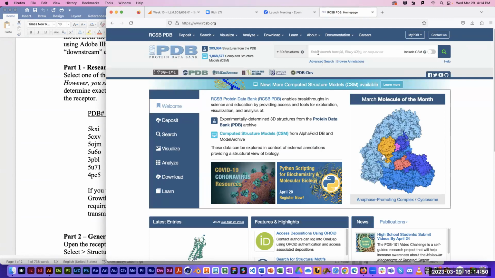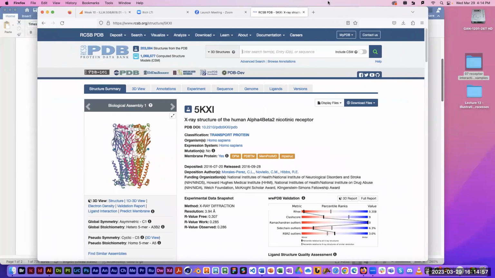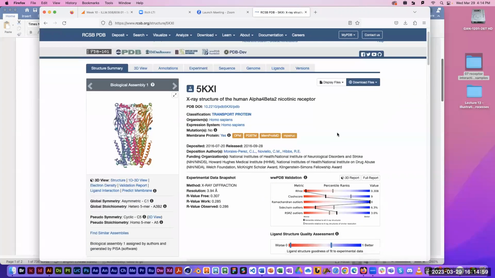And then if we enter that PDB ID number in here, we say X-ray structure of human alpha 4 beta 2 nicotinic receptor, and it's a nicotinic acetylcholine receptor.